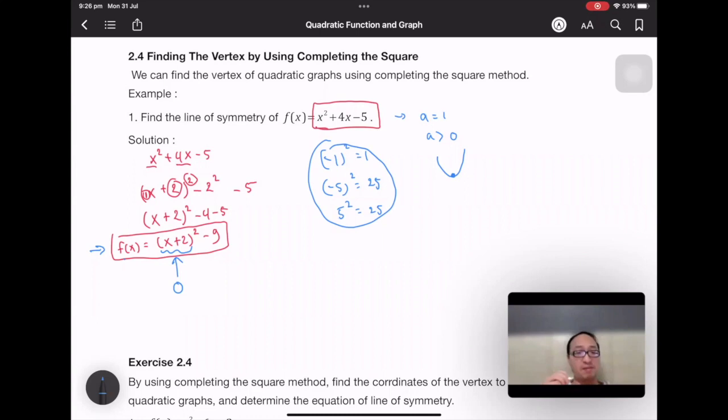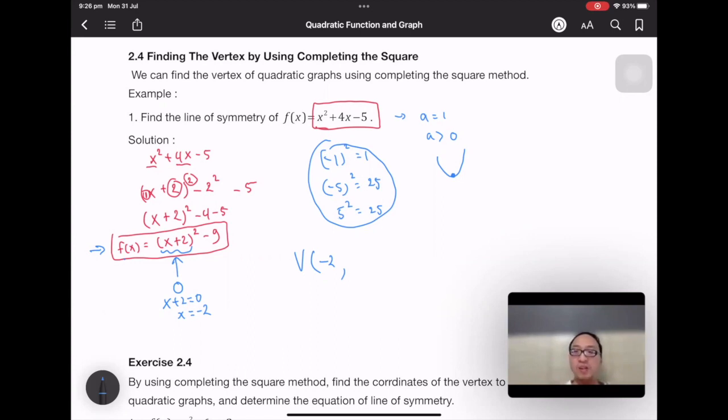And that will happen when x plus 2 equals 0, when x equals negative 2. So the minimum vertex x coordinate is negative 2. This is the vertex.